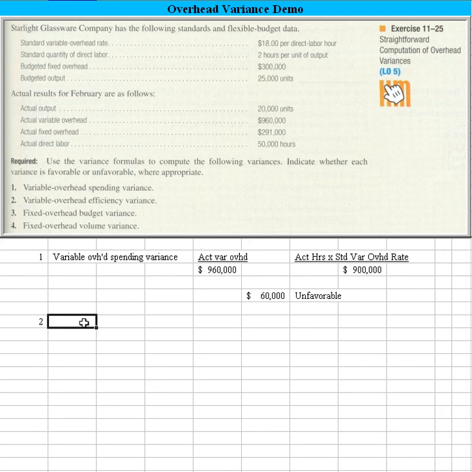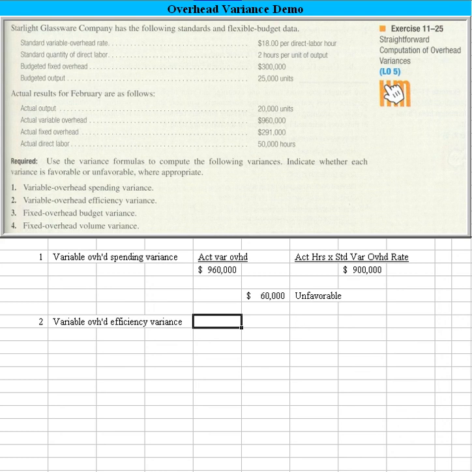Let's look at number 2. Compute the variable overhead efficiency variance. Let me copy from here to save some time, and we'll just change this word and make that efficiency. One way to calculate this is to take the standard variable rate times the difference in hours.